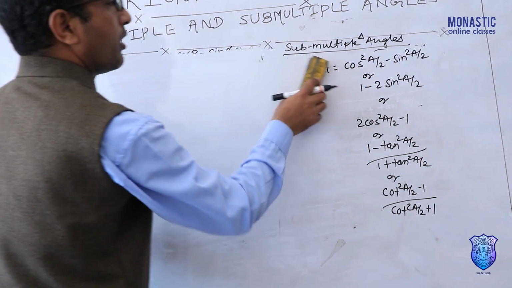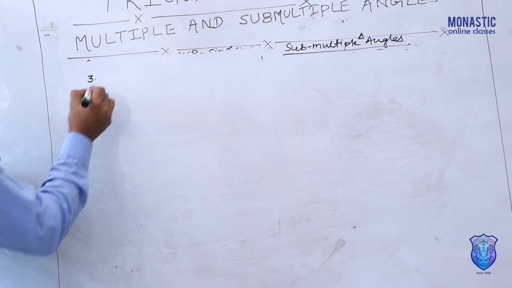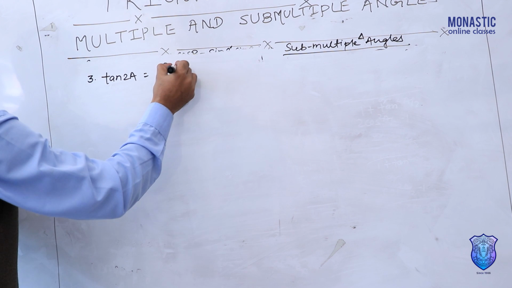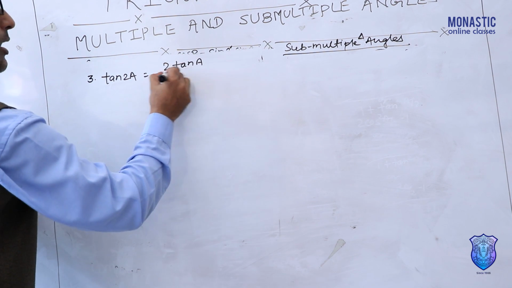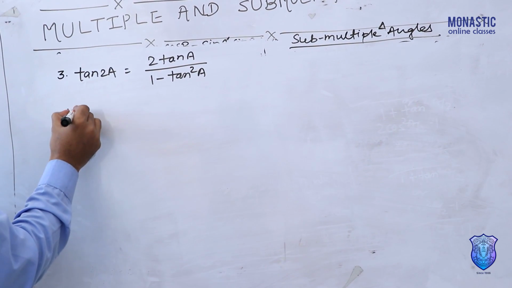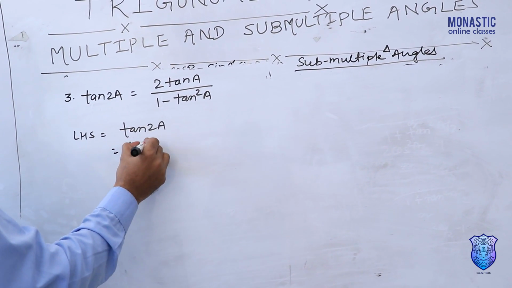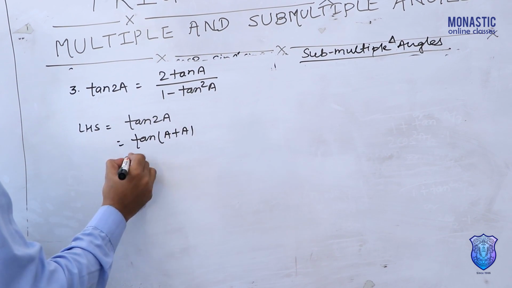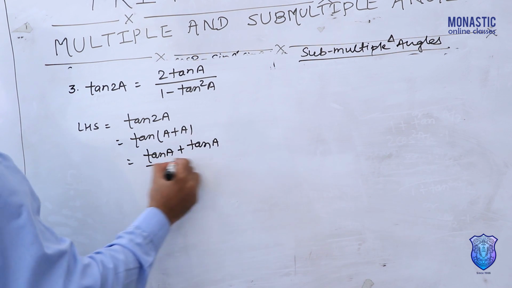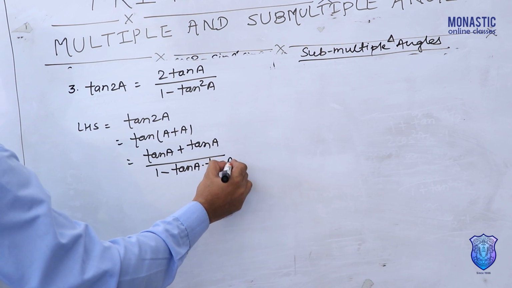Now we have the third formula of this exercise, that is tan 2a equals 2 tan a by (1 minus tan squared a). When we go through the proof, in place of 2a we can again write a plus a, so (tan a plus tan a) by (1 minus tan a into tan a).